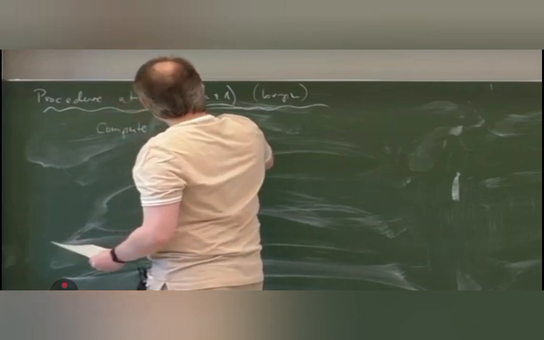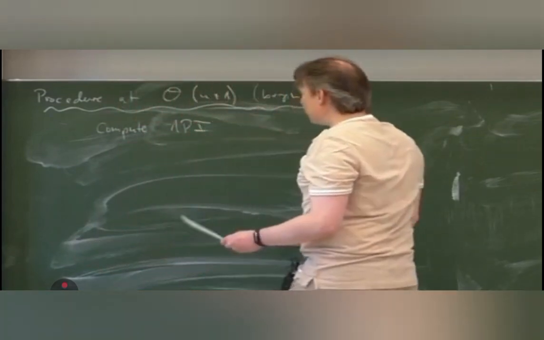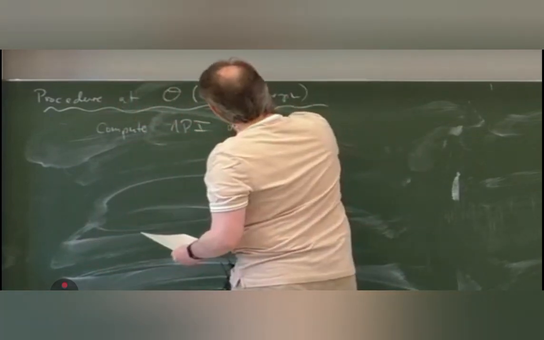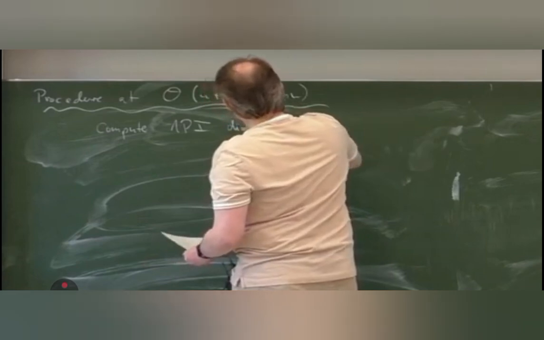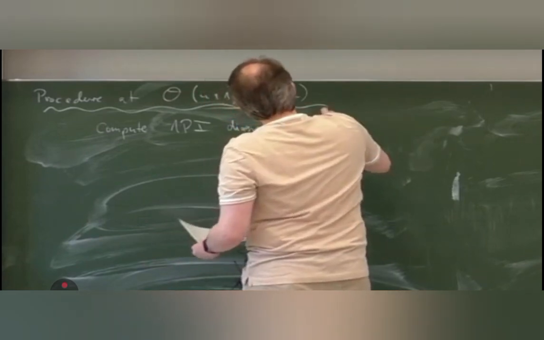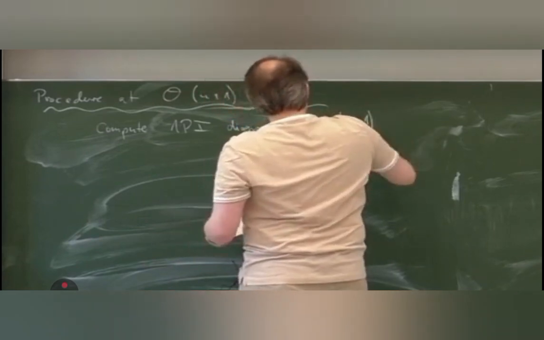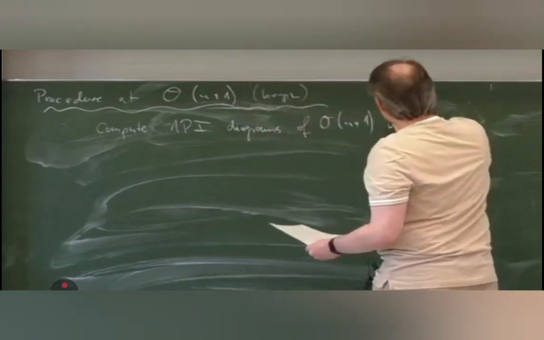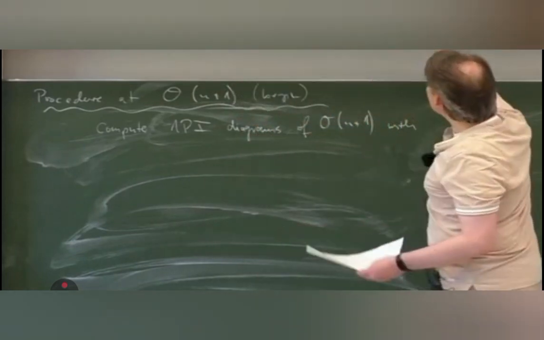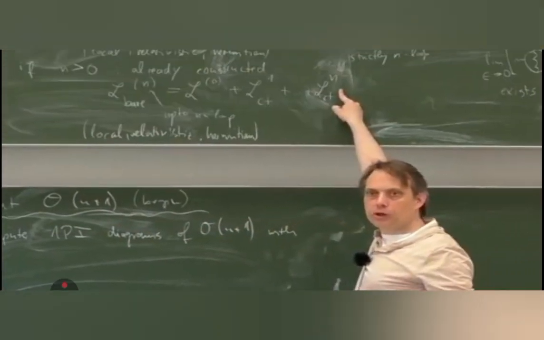And it's sufficient to work with one particle irreducible Feynman diagrams of order n+1 loop level. And you have the Feynman rules at your disposal with counter terms up to order n.